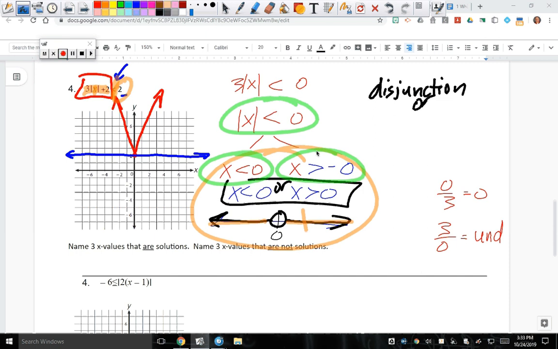I still wanted you to look at it and still go with the algebra. 10 each. If you still showed this disjunction, give yourself 10 points. If you got OR, give yourself 10 points. Disjunction, give yourself 10 points. This graph is 10. This graph is 10.